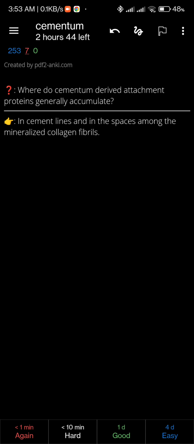They accumulate in the cement lines and in the spaces among mineralized collagen fibrils.